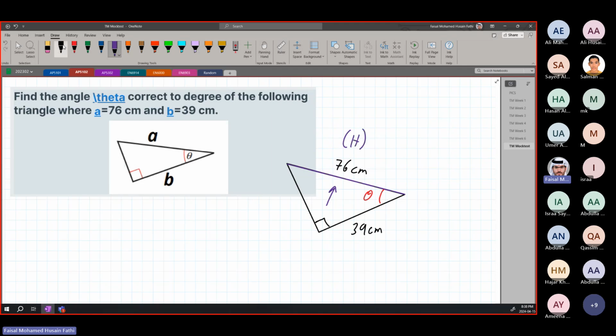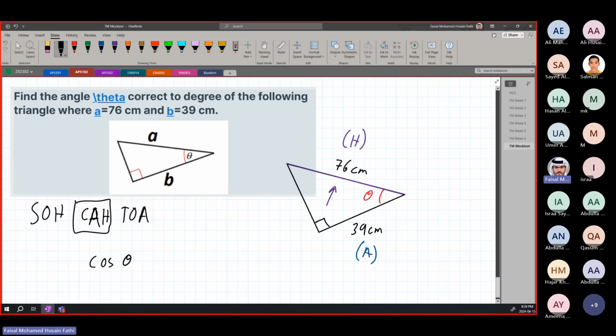And the other value that is given is adjacent. So this is our adjacent value. So SOHCAHTOA, remember we're trying to find the angle. We have hypotenuse and adjacent, so we're going to be using cosine. So cosine theta is equal to adjacent, which is 39, divided by 76.